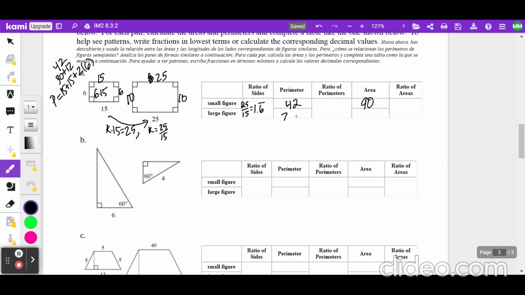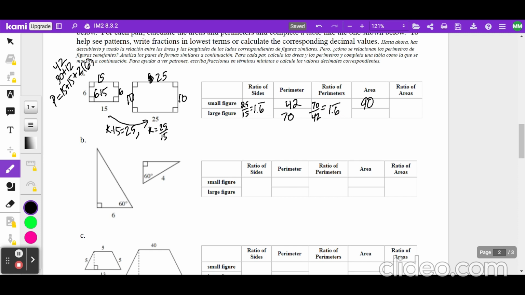So the perimeter of the large figure is 70. The ratio of the perimeters, I'm going to do the large figure divided by the small figure since that's what I did to find my scale factor, and I want to be consistent. Okay, 70 over 42. I put that in my calculator. Oh, and would you believe it? It's also 1.6.